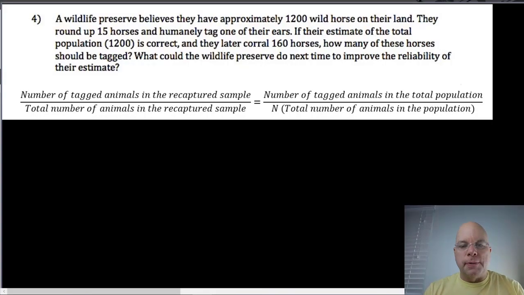I'm excited to make this video because I've been teaching this idea of using proportions to figure out wildlife populations for years, and students often have trouble setting up these proportions themselves without a guide, you know, the number of tagged animals in the recaptured sample to the total number in the recaptured sample.